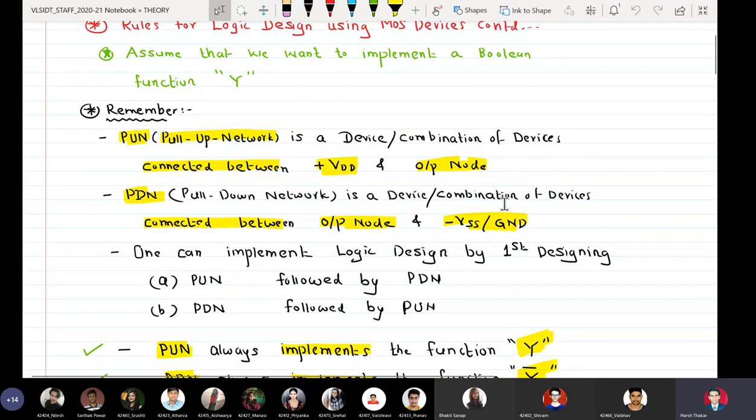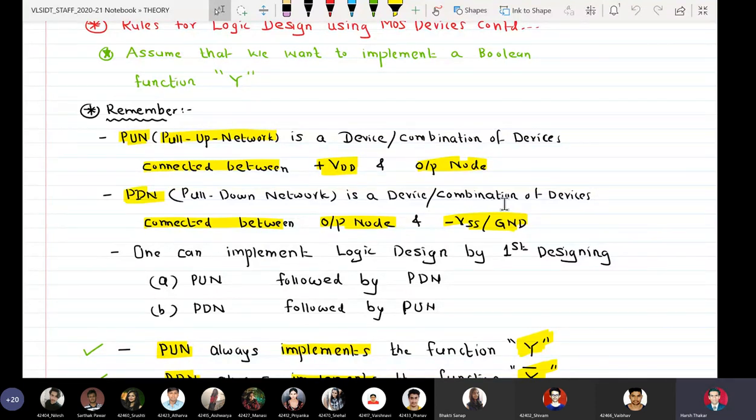And we also had made a point that if the pull-up network contains a device, that device should be PMOS. Even if it is a combination of devices, it should be a combination of multiple PMOSes. Similarly, pull-down network, if it is a device, it has to be an NMOS. Similarly, if it is multiple devices, it is a combination of multiple NMOSes.